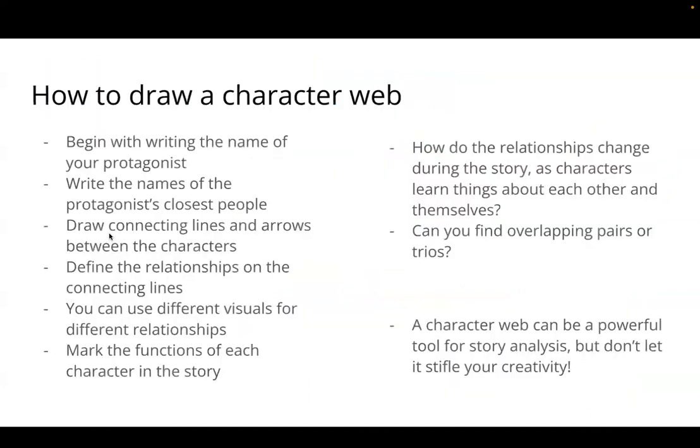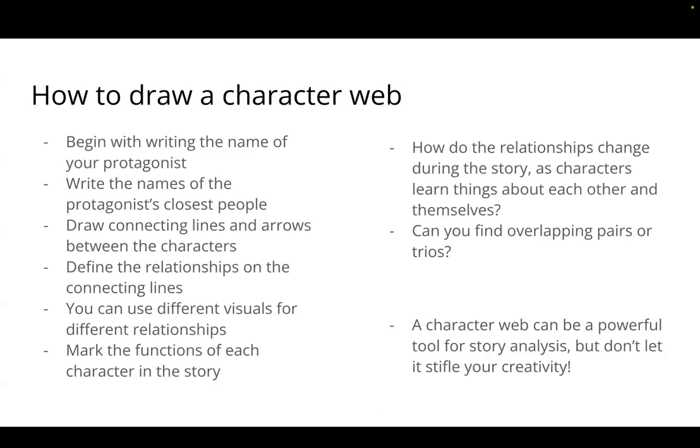Okay, and here are some of the tips I wrote for drawing this kind of character map. You begin with writing the name of the protagonist, or if it's an ensemble, then you write all of them, or the protagonist and their close people, and then connect them with lines and arrows, depending on the relationship.